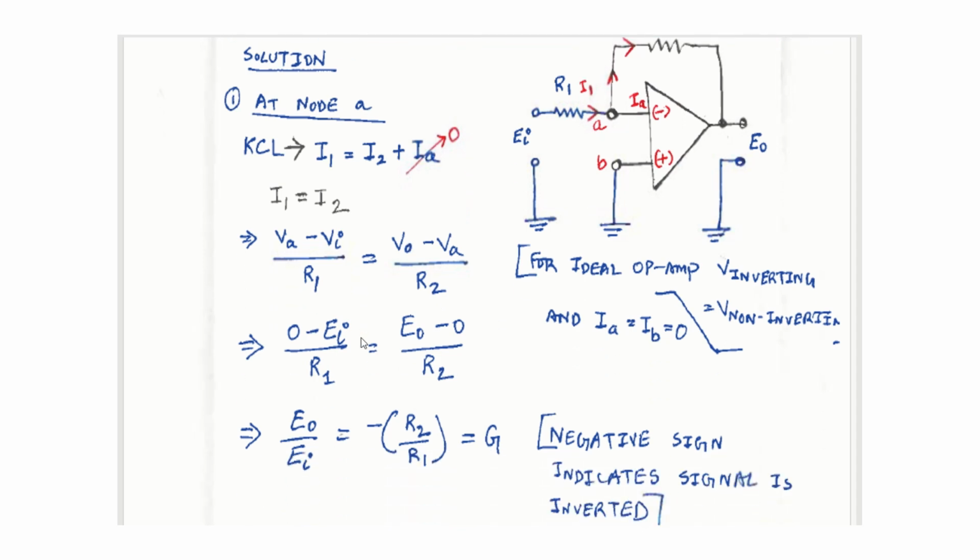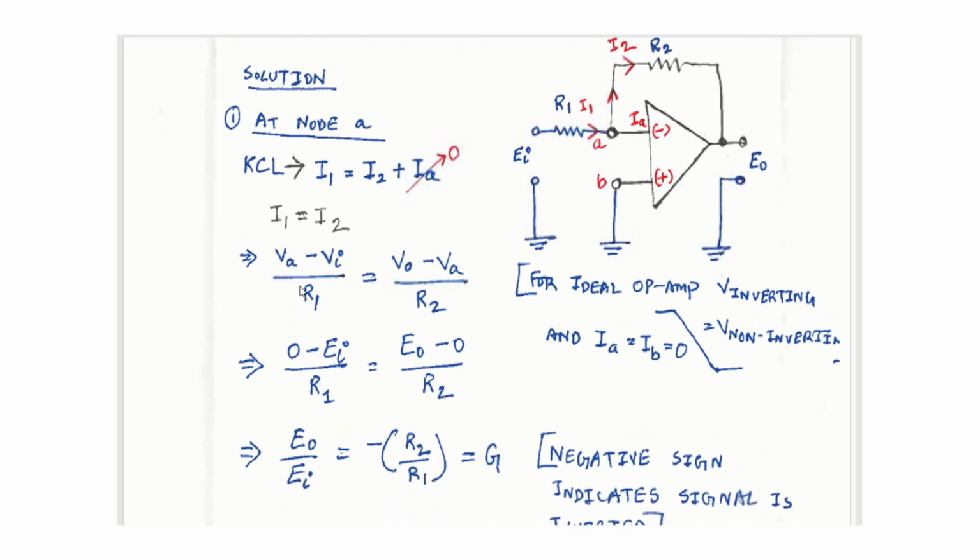So if we plug the actual value, voltage VA at point A is 0. Why is that? Since the ideal condition is that voltage at point A is equal to voltage at point B, and point B is connected to the ground, that means voltage at point B is 0, that means voltage at point A is 0. And that's why we're putting the voltage at point A as 0.